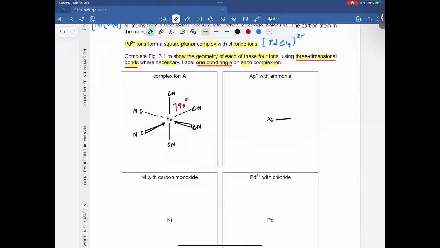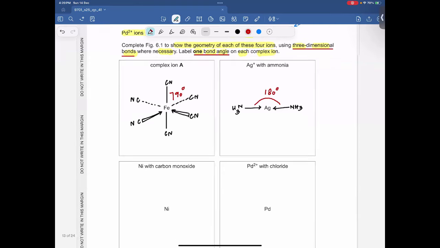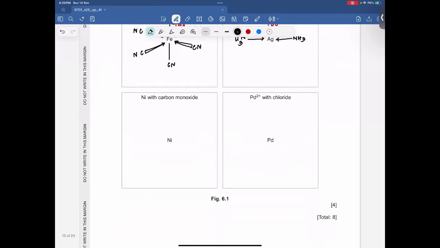Now this is going to be the diamine silver 1 ion, bonded with the nitrogen atom, because the lone pair of nitrogen is used to make the dative bond. An angle obviously is going to be 180 degrees. Nickel with carbon monoxide is going to be tetrahedral, obviously.